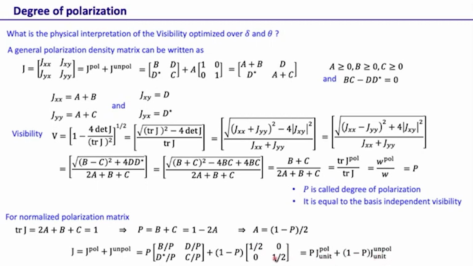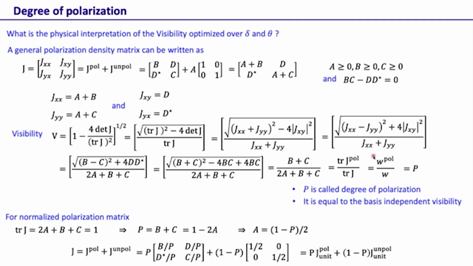So this half plus half is 1, and B by P plus C by P is also equal to 1. So if we write the polarization matrix in this form, as a unit trace polarized matrix plus a unit trace unpolarized matrix, then the degree of polarization is basically the weightage of the polarized part. That is the other interpretation we have of the degree of polarization.